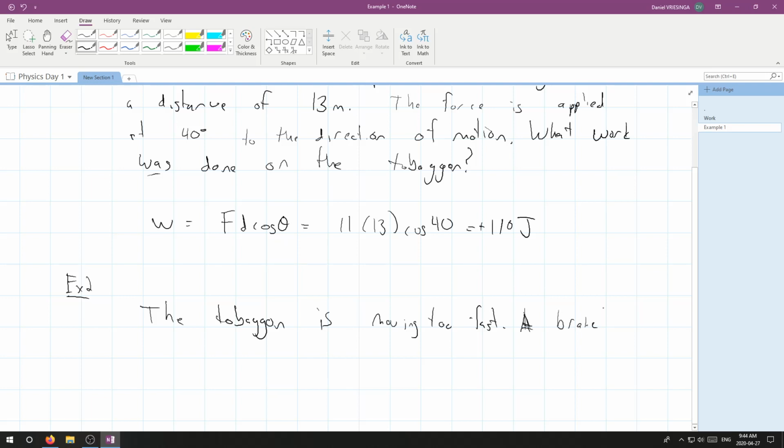A brake is applied with a force of, let's say, I don't know, 500 newtons over a distance of 3 meters in the opposite direction of travel.